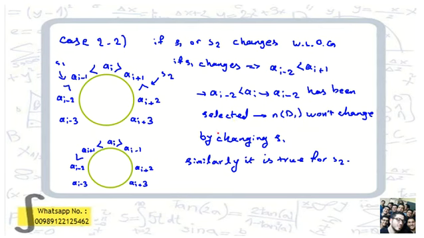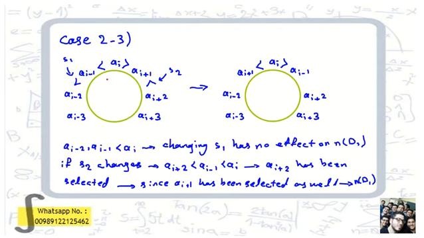Now let's consider case 3, in which one of them is less than and the other is greater than. For example, this one is greater than and this one is less than. Now we consider S1 and S2. a_{i-2} and a_{i-1} are less than a_i, so they have already been selected, and changing S1 won't have any effect on n(d1). Now let's consider changing S2. If S2 changed, then it would change to this.